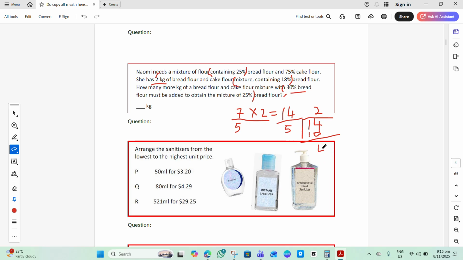Then the balance is 4. We need to add a 0, so it becomes 40. 5 times 8 is 40. We added a 0 here, right? So here should be the decimal point. So 2.8 kg. So when this question is asked, you should be clever.